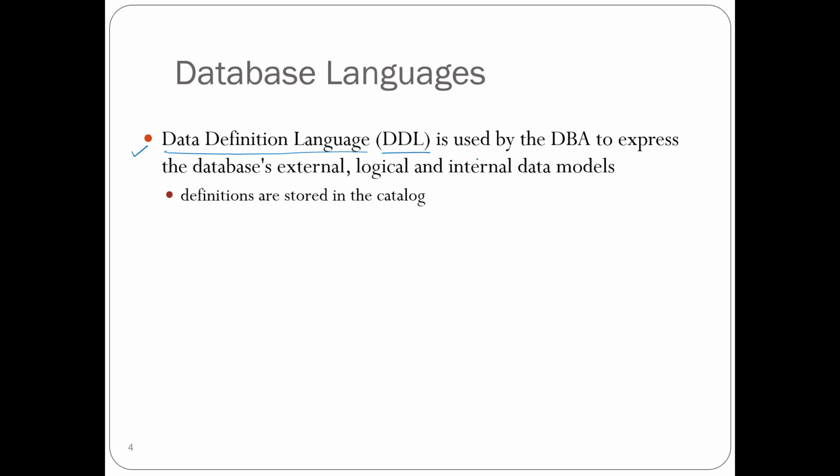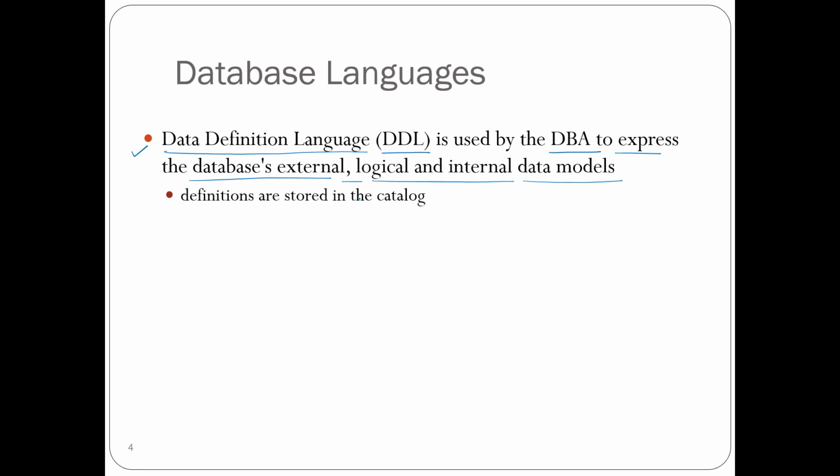Now this DDL is used by the DBA, which is our database administrator, to express the database external, logical, and internal data models. What are these? We have already discussed the data models. There are different kinds of data models: conceptual, then we have logical, then there's internal as well as external.